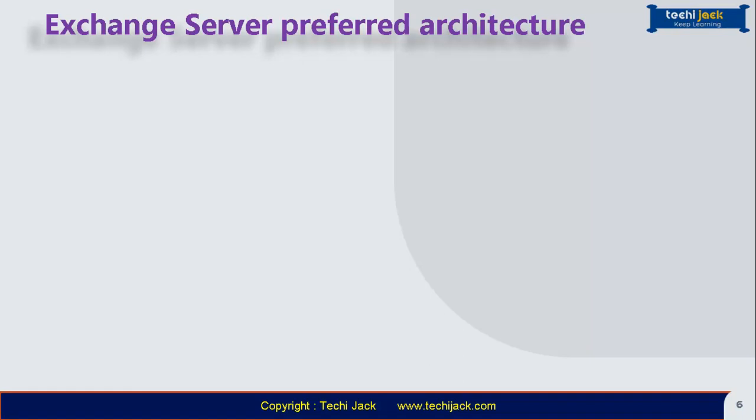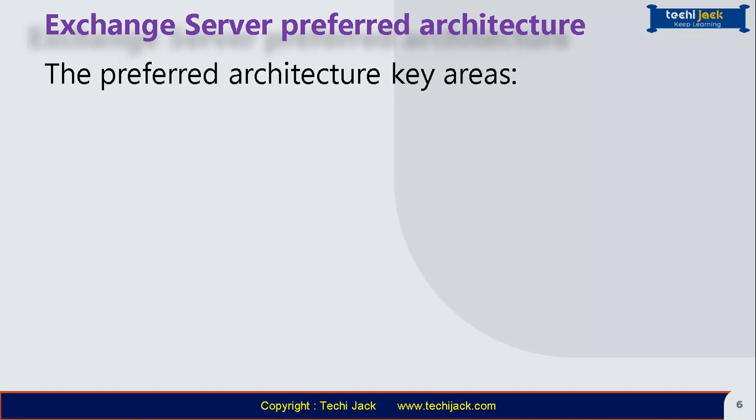So Exchange Server Preferred Architecture focuses on the following key areas. Namespace design. The recommended namespace design is called the unbounded model. In this design, a single namespace is deployed per client protocol for both data centers where you want to achieve site resiliency.